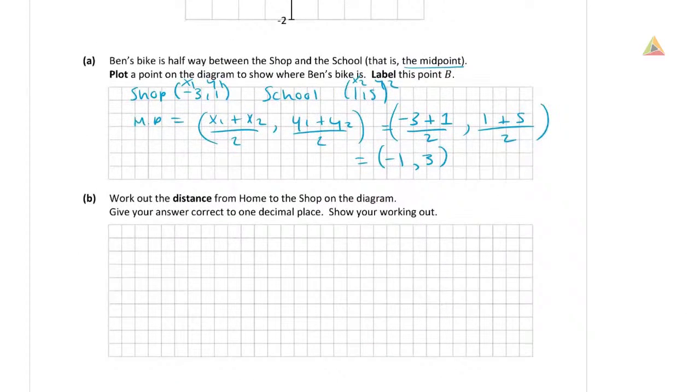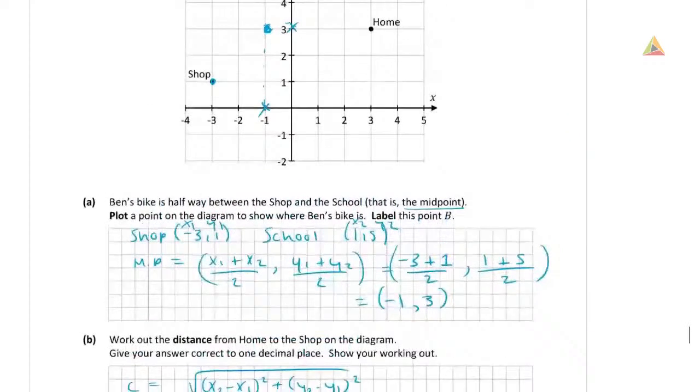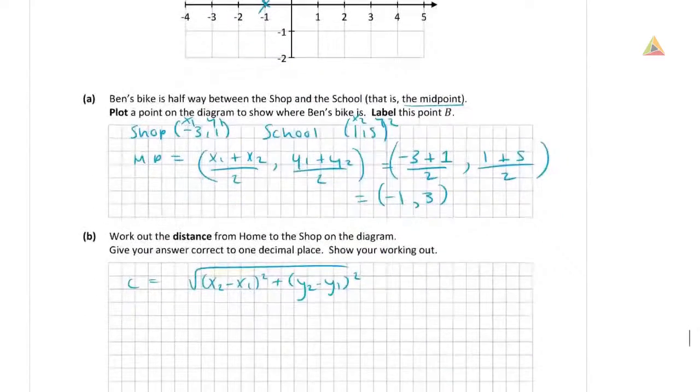Work out the distance from the home to the shop on the diagram. Give your answer correct to 1 decimal place and show your working out. Okay, so for this, the distance formula is the square root of x2 minus x1 squared plus y2 minus y1 squared. Now your 2 points. Home is the point 3, 3.